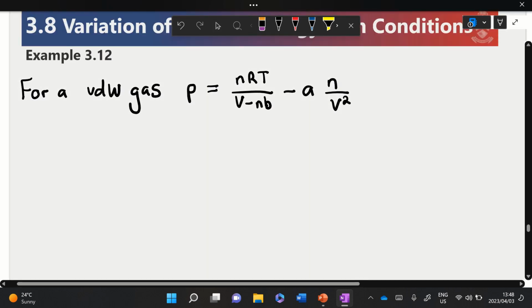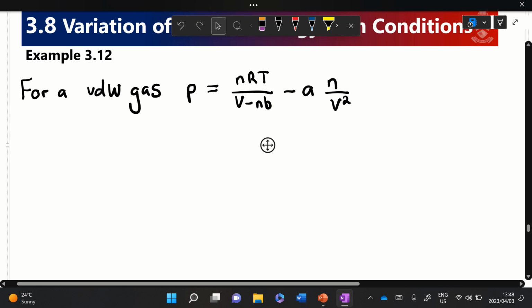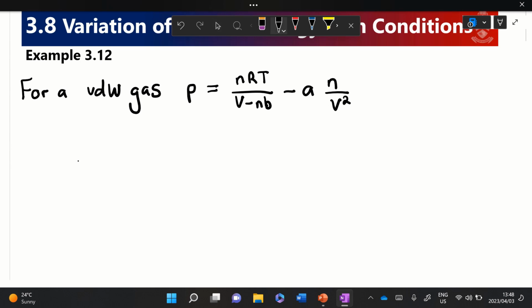That is what P is. P then needs to just be substituted into our equation for the internal pressure, right?